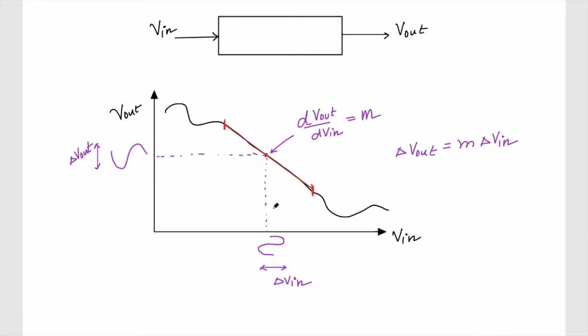And this point around which I am changing my input signal, this is called the bias point. I have biased my whole thing at this point, and I am varying the input around that point.